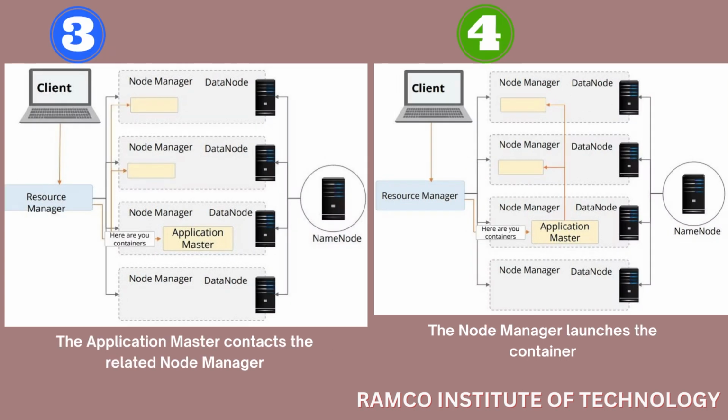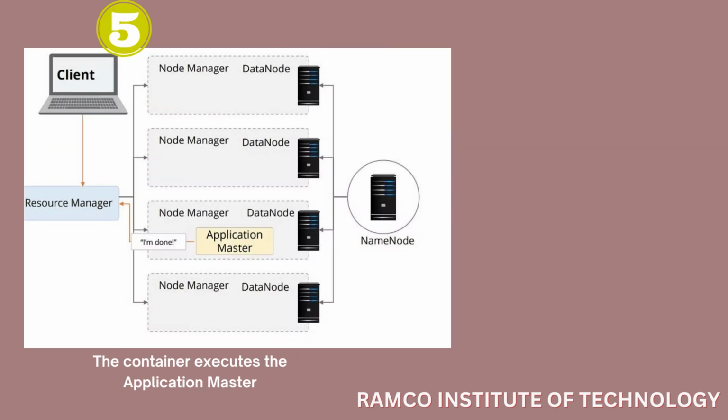In the third step, the application master contacts the related node manager for the purpose of the container. In the fourth step, the node manager launches the container needed for doing the application. Finally, the container executes the application master. So this is how the application is executed through Yarn.